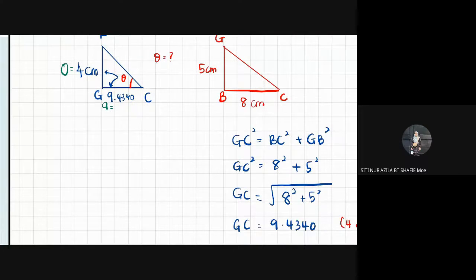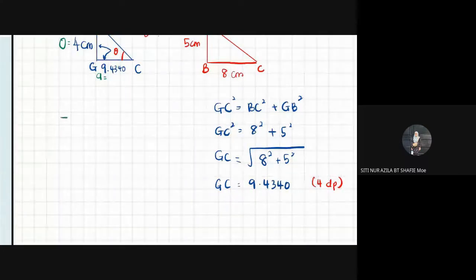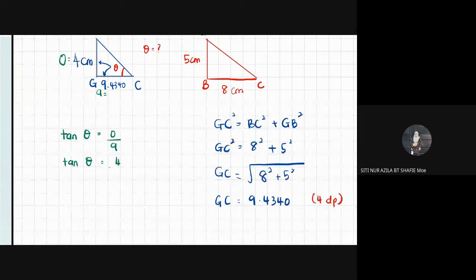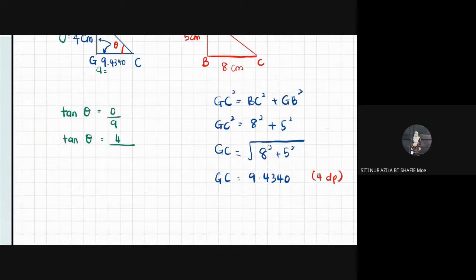So if you use tan, you have tan theta equal to O over A. Tan theta, O is 4, and then A is 9.4340.